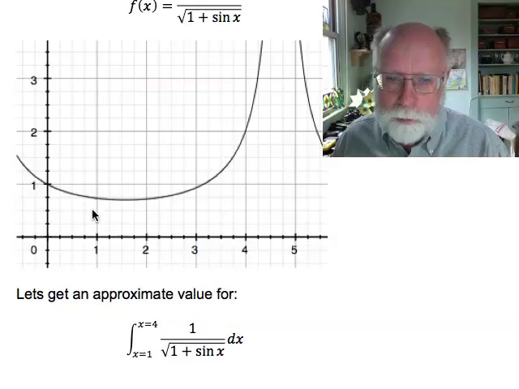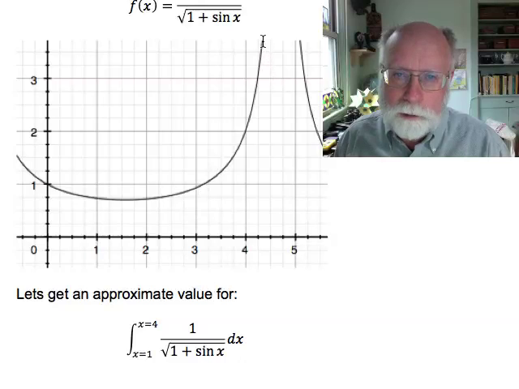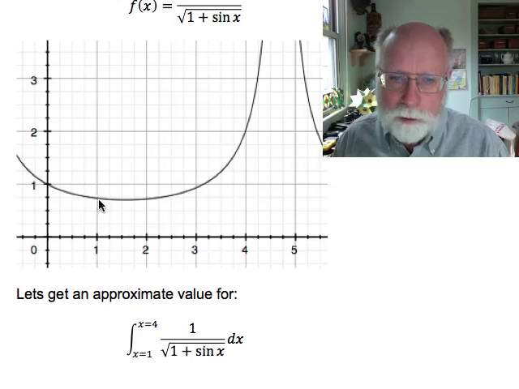The dx here means we're going to work along the x-axis. The 1 over square root of 1 plus sine x is the integrand, and that is this curve, and we're going between the limits 1 and 4. And we're going to find an approximate value for this particular function by using the trapezoidal method of approximation.